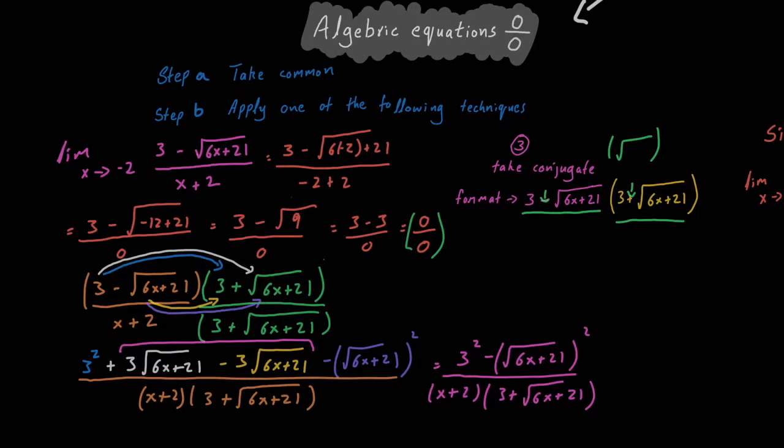If we solve for this, it would become 9 minus 6x plus 21 divided by x plus 2, 3 plus under root 6x plus 21.